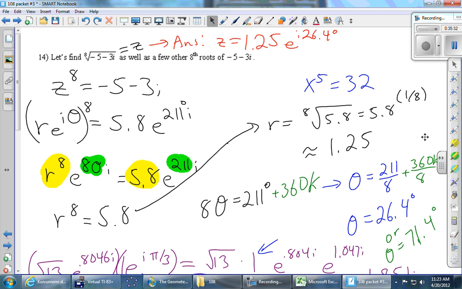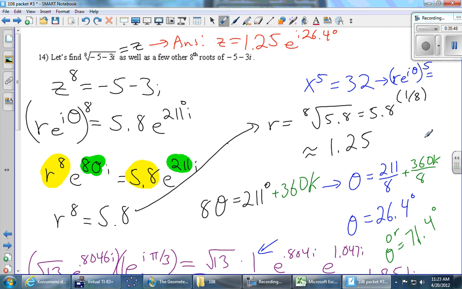So what you could do for 32 is you could write this guy. The same idea as before. We'll make it some general r e to the I theta. That's my x getting replaced by some generic polar complex number equals. Now you've got to write 32 as an r e to the I theta. So think about where the number 32 is when you plot it.